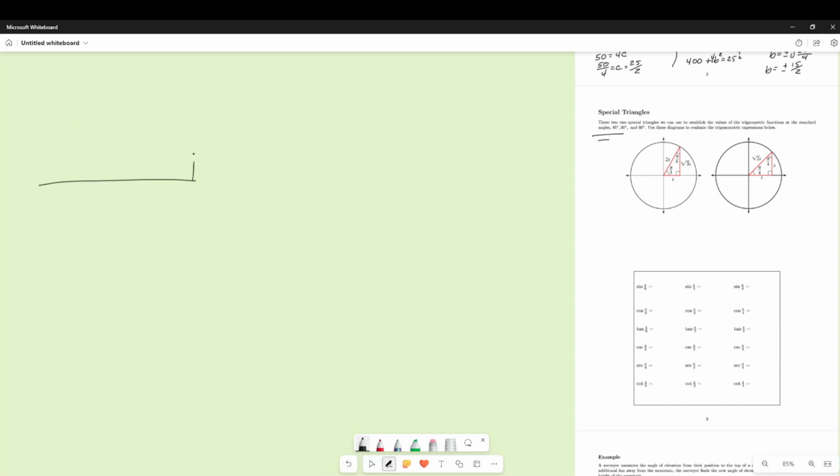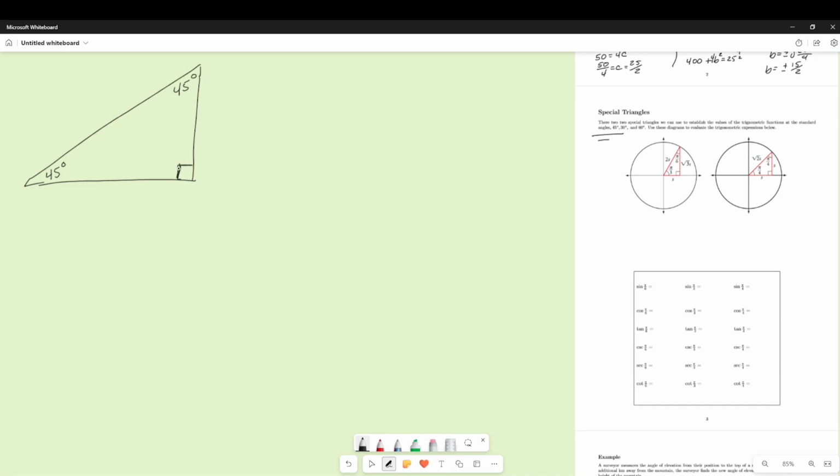Well, let's look. If we consider a right triangle that has 45 degrees as its other angle, so this is our isosceles right triangle.